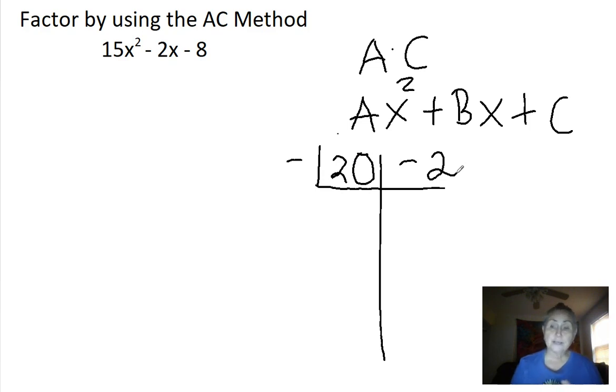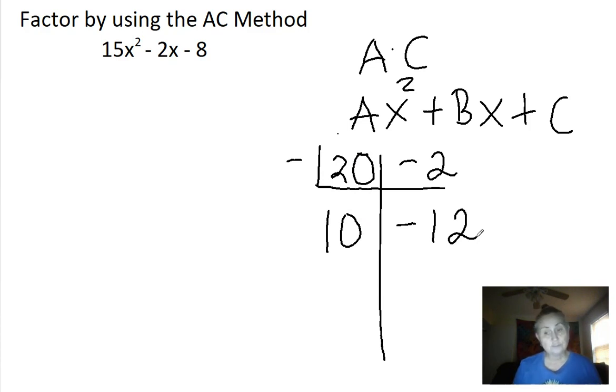So after carefully analyzing this, I know that my answer is going to be a positive 10 and a negative 12. Now, it may take you a while to figure this out, especially if you're not really great at multiplication tables.